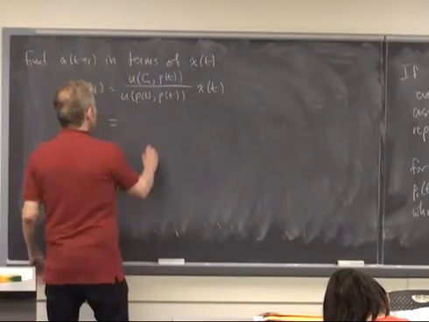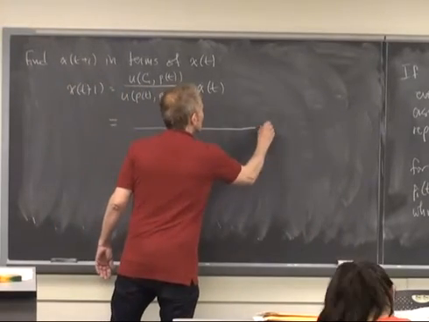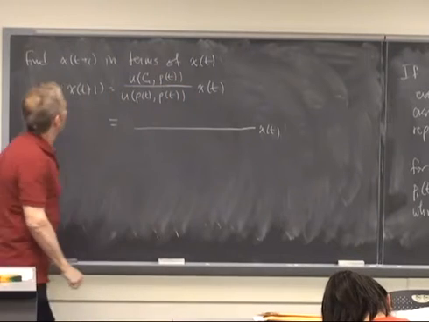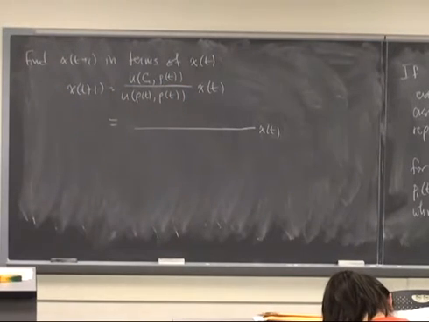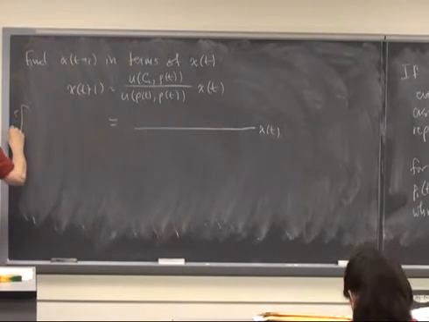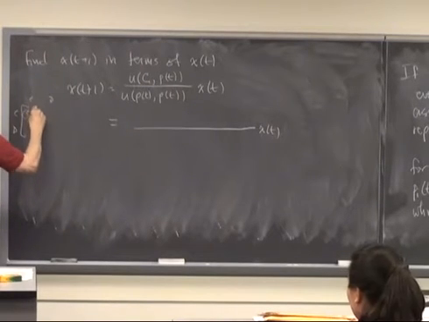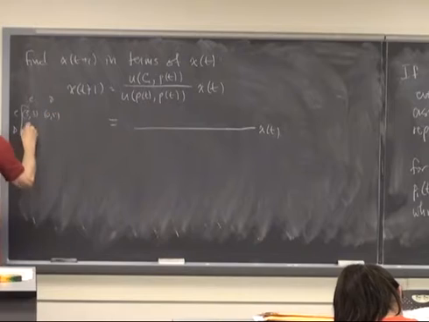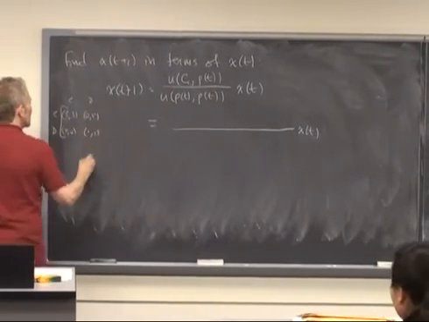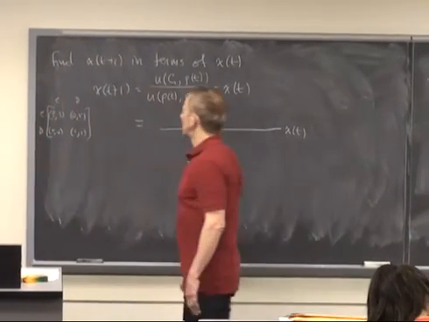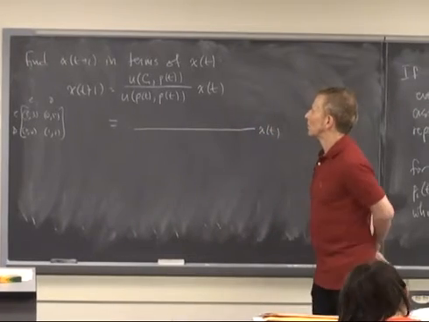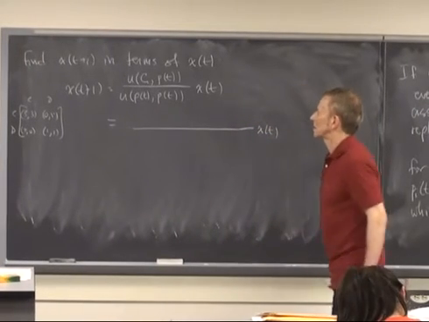So what is u of c against p of t going to be? Here's the prisoner's dilemma. What is u of c against p of t when p of t is xc plus 1 minus xd?